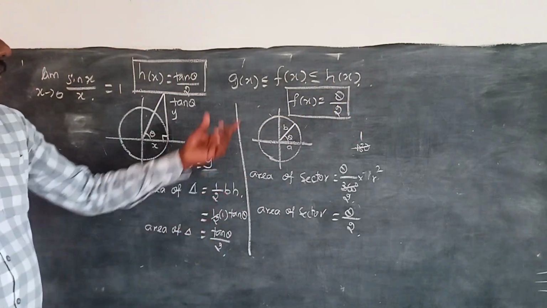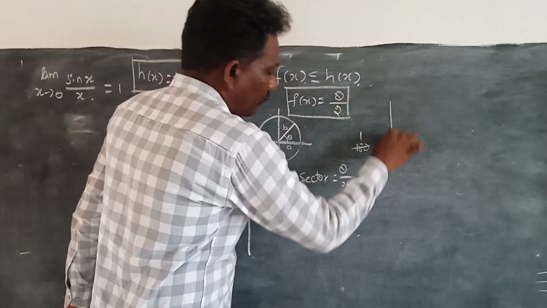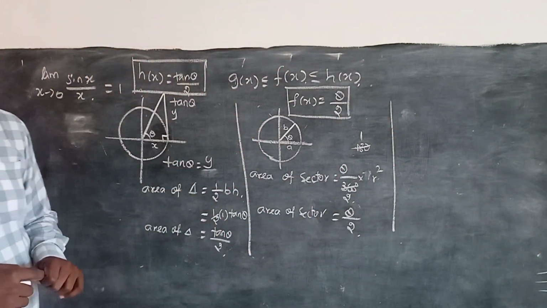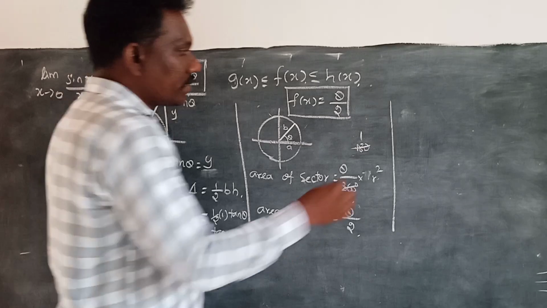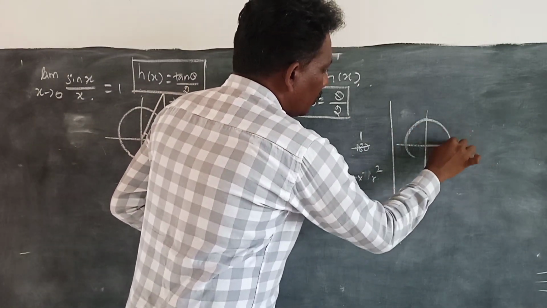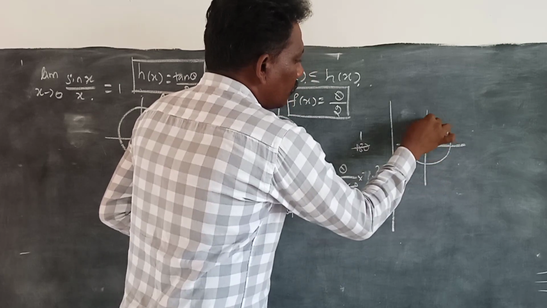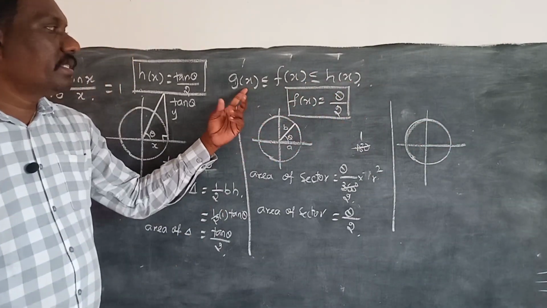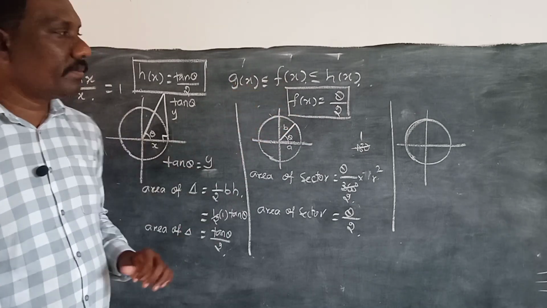Now I need to define g of x. To define this, again I am going to take a 1 unit circle. But in the inequality, g of x is smaller than f of x.